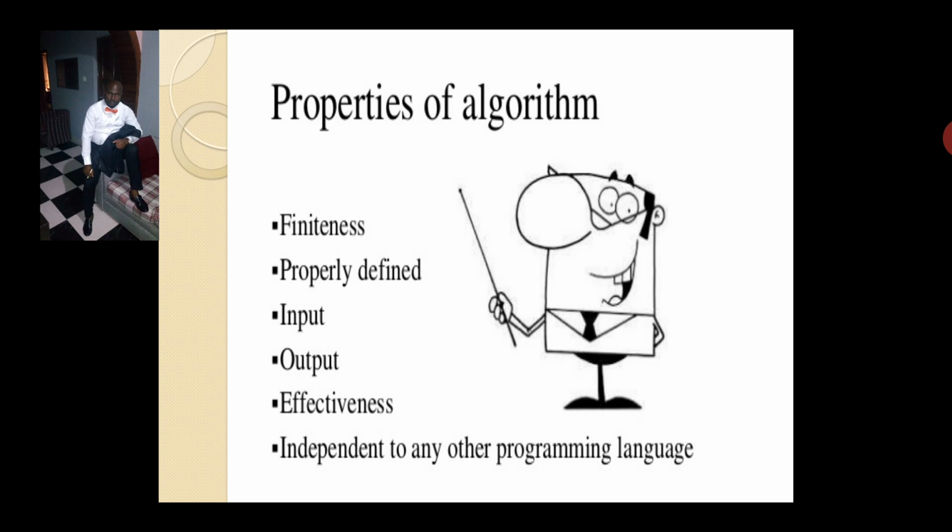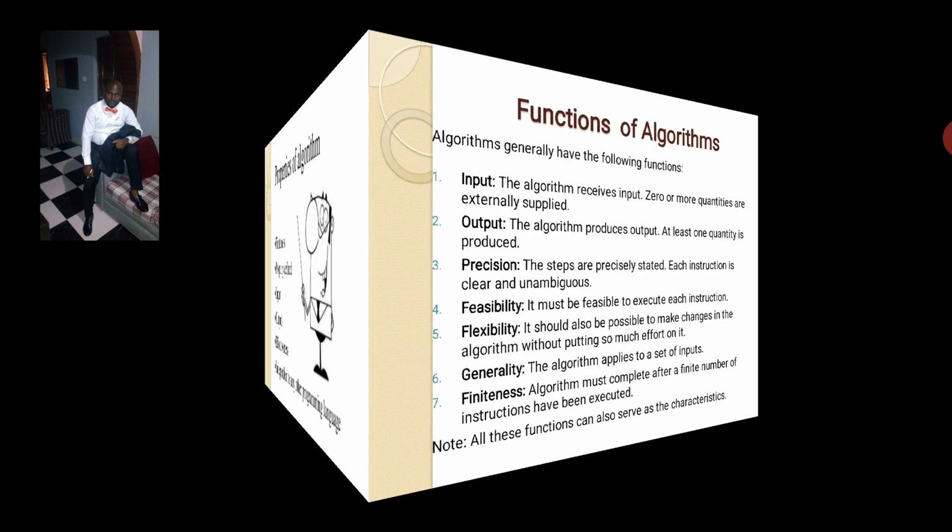Inputs, outputs, is effective, and then independent of any programming language. So you see, it does not depend on any programming language. It is independent of any other programming language.